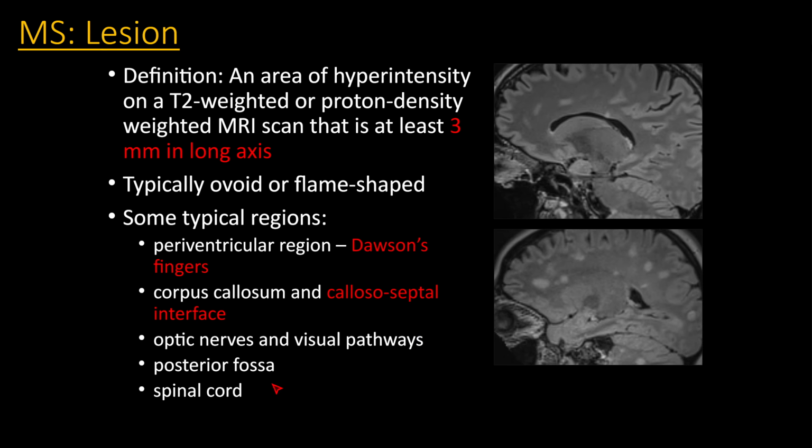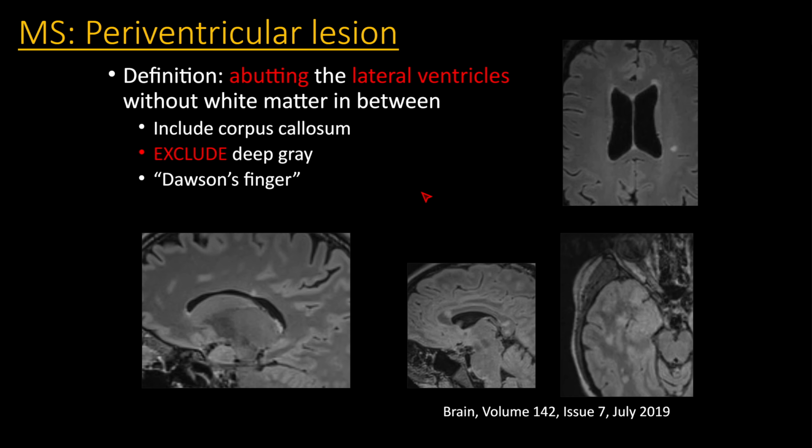And again, posterior fossa and spinal cord are also common locations for MS lesions. All right, so now we'll go over the definition of those different regions as far as McDonald's criteria go. So first, periventricular lesion.